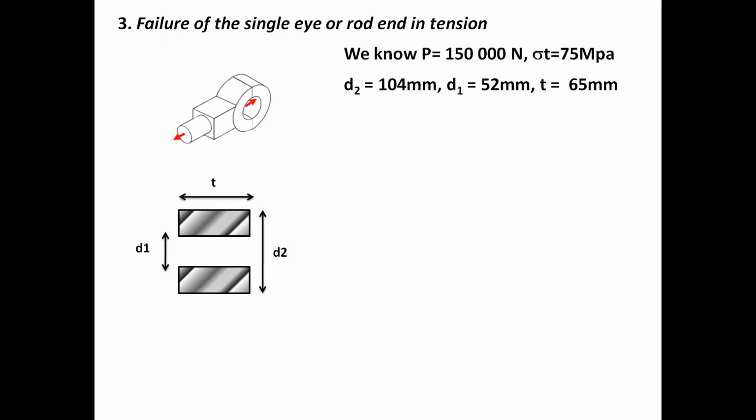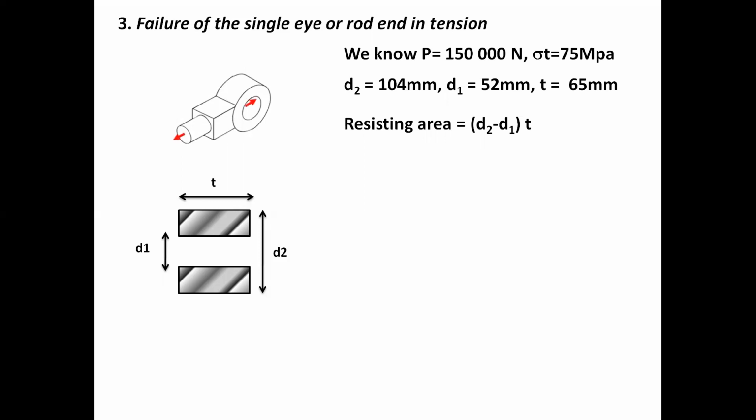From these standard values, the resisting area is D2 minus D1 into T. You can look at the figure, and from the figure we can find the value of the resisting area. Here it is a simple two rectangular areas.